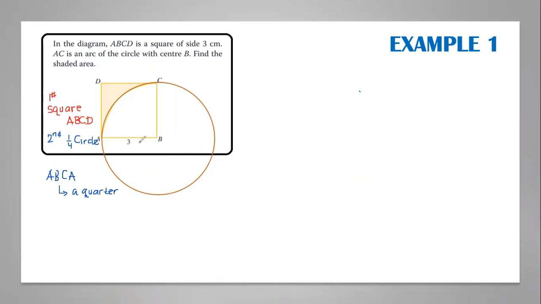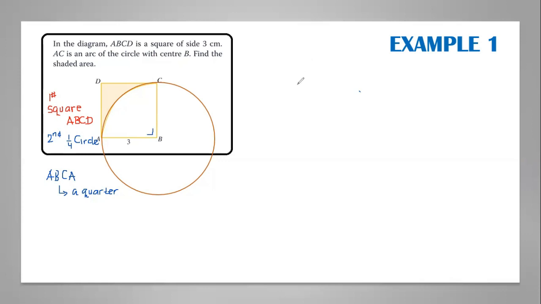A quarter circle means it has 90 degrees here, right? That's 90 degrees. Okay?